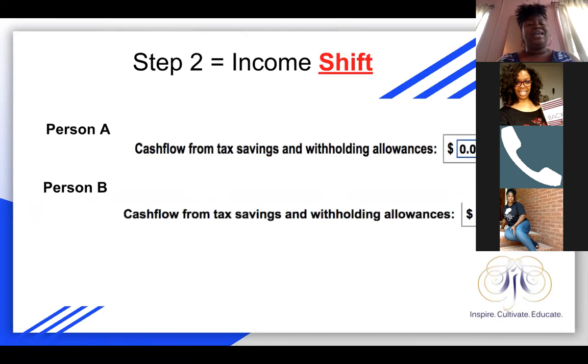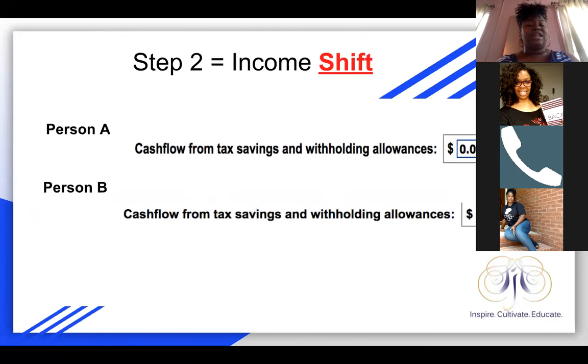Step 2 is your income shift. For those of you on the line who are unfamiliar, income shifting is a strategy that we use to help get out of debt, increase our credit scores, as well as generate passive income.